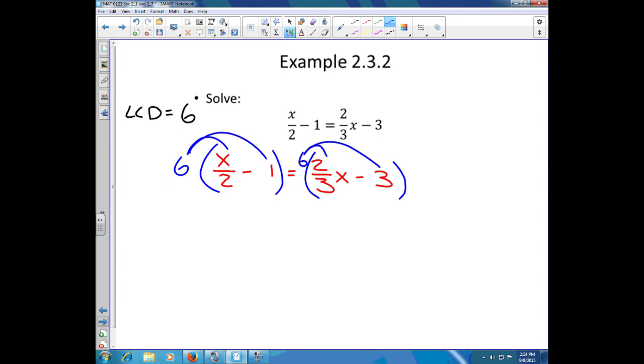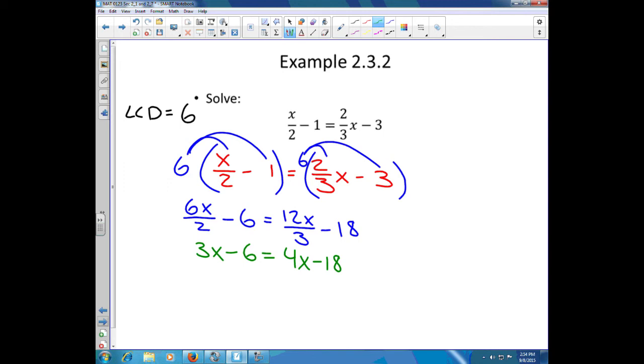And what you're going to wind up with is 6x over 2 minus 6 equals 12x over 3 minus 18. And 6 divided by 2 is just 3x minus 6. And 12 divided by 3 is 4x minus 18.